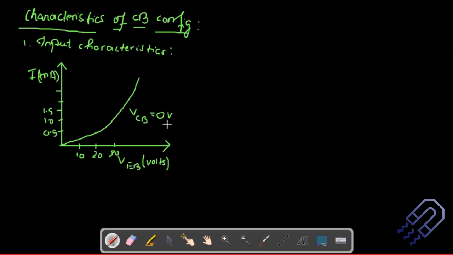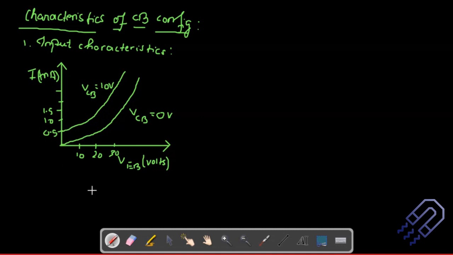On the other hand, if we have VCB higher, you basically have a different curve, VCB equal to 10 volt. If the collector base junction has a potential applied, you're going to have some kind of emitter current.